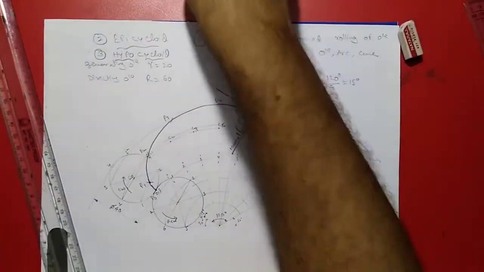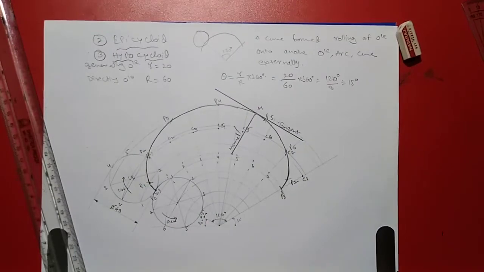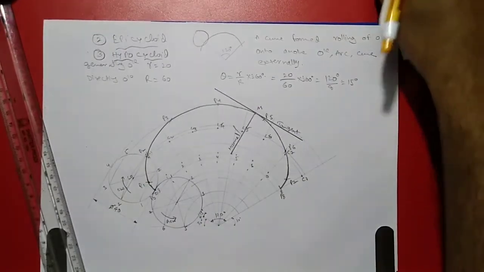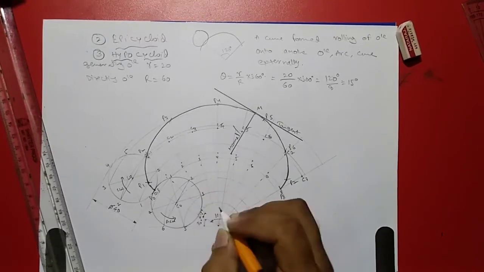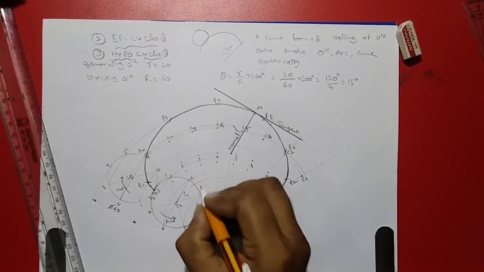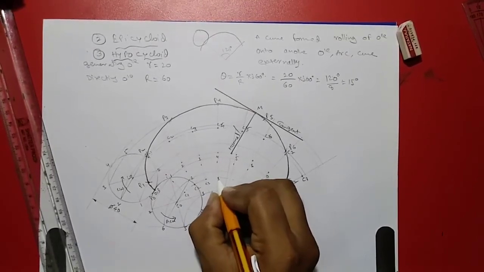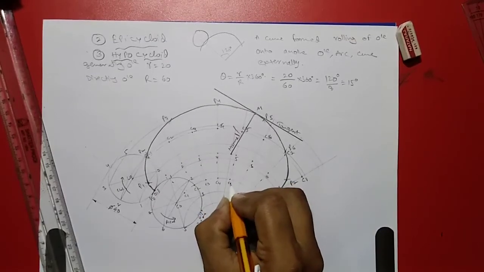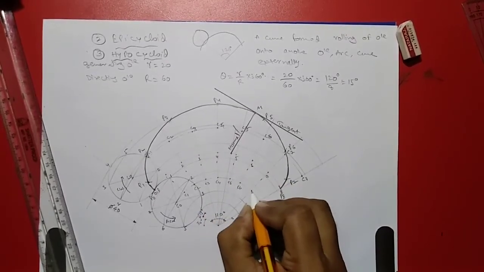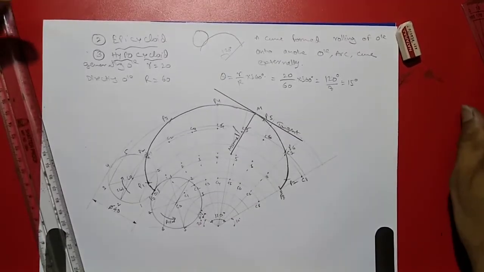Already we have the previous points 1, 2, 3, 4, 5, 6. No need to mention them again in the hypocycloid. Just we have to take the centers. This is C0, C1, C2, C3, C4, C5, C6, C7 and C8 center.